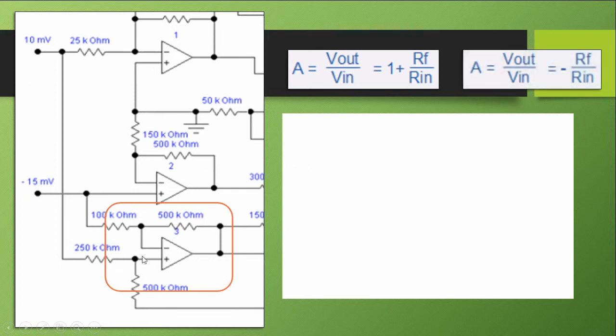In op amp, we can apply superposition, where we can isolate the contribution of each input. We can first analyze the 10 millivolts, and then the negative 15 millivolts. We replace the other input by ground if we are only analyzing one input.